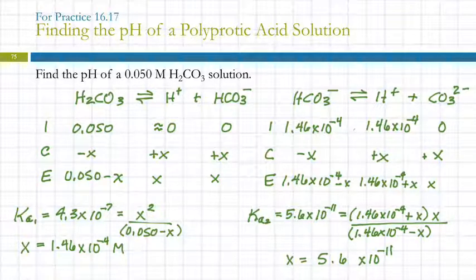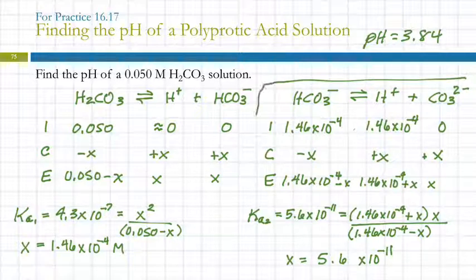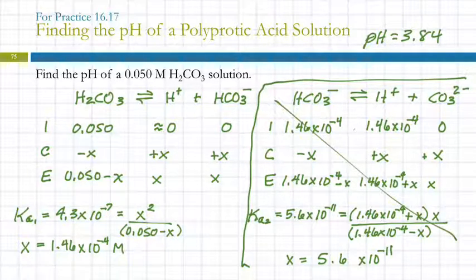Okay, so we still haven't answered the question. So we need the negative log of our original X and we get a pH of 3.84. So all of that, didn't need it.